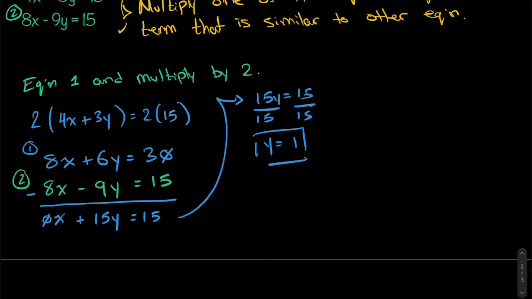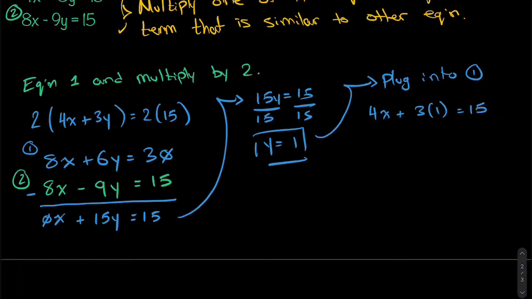So there's one solution. Let's plug into, and you could either do equation 1 as is, or you can do equation 1 as you did down here. Both of these will work. Or you can do equation 2. Let's do equation 1 just as is. Okay, so we have 4x plus 3 times 1 equals 15. We have 4x plus 3 equals 15.